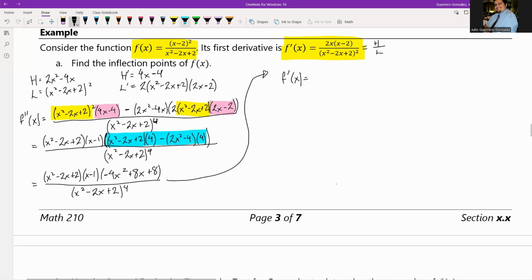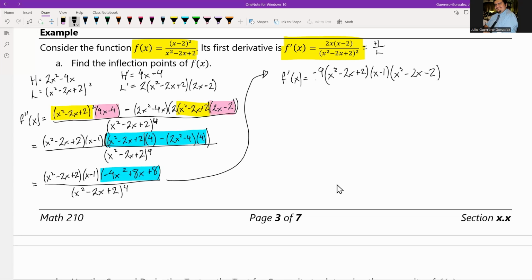If you take a look at this right here, it's got a minus 4 I can factor out. Minus 4. The rest of the stuff gets to stay. X squared minus 2x plus 2 times x minus 1. And what gets left now is going to be x squared minus 2x minus 2.